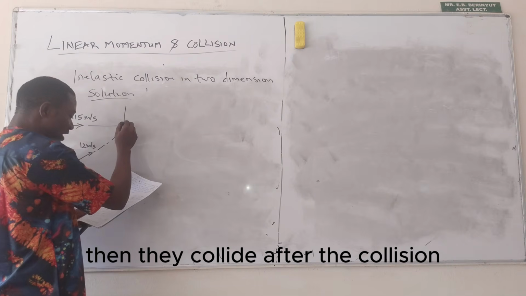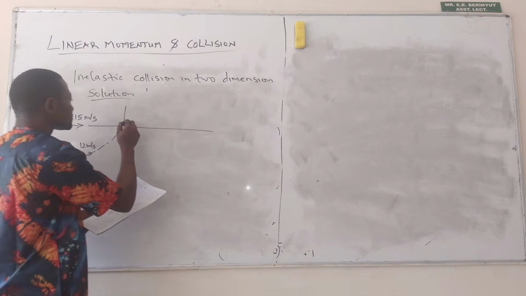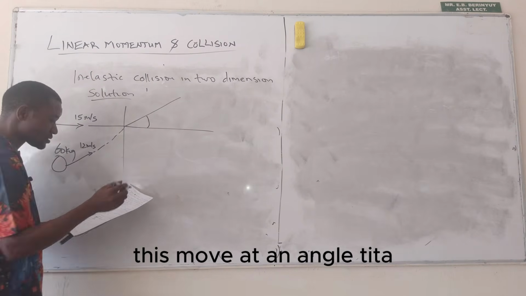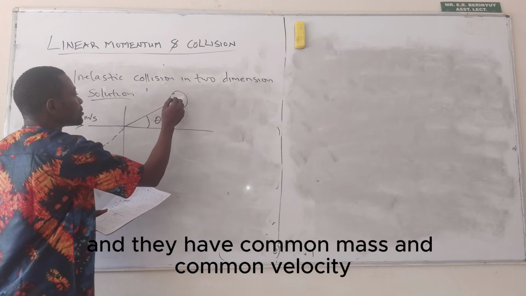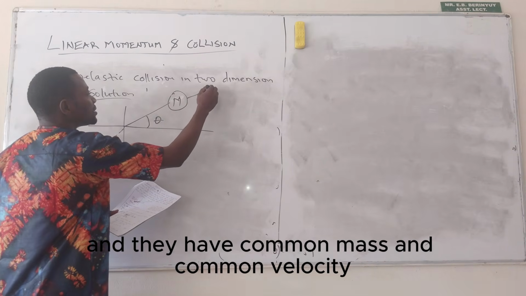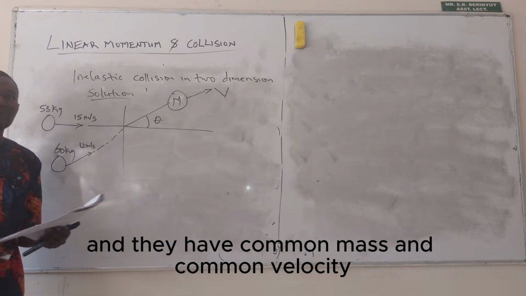Then they collide. After the collision, they move at an angle theta, and they have a common mass and common velocity.